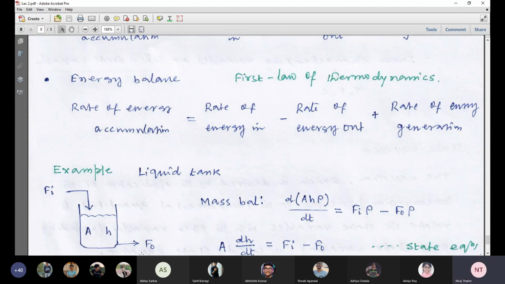Fine. So this is the liquid tank system, and this is the mass balance equation.